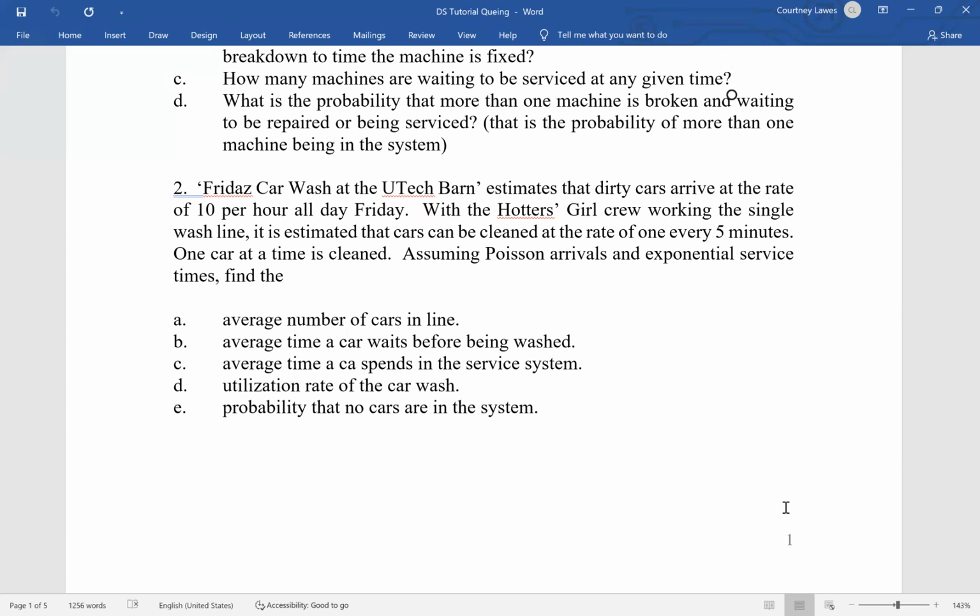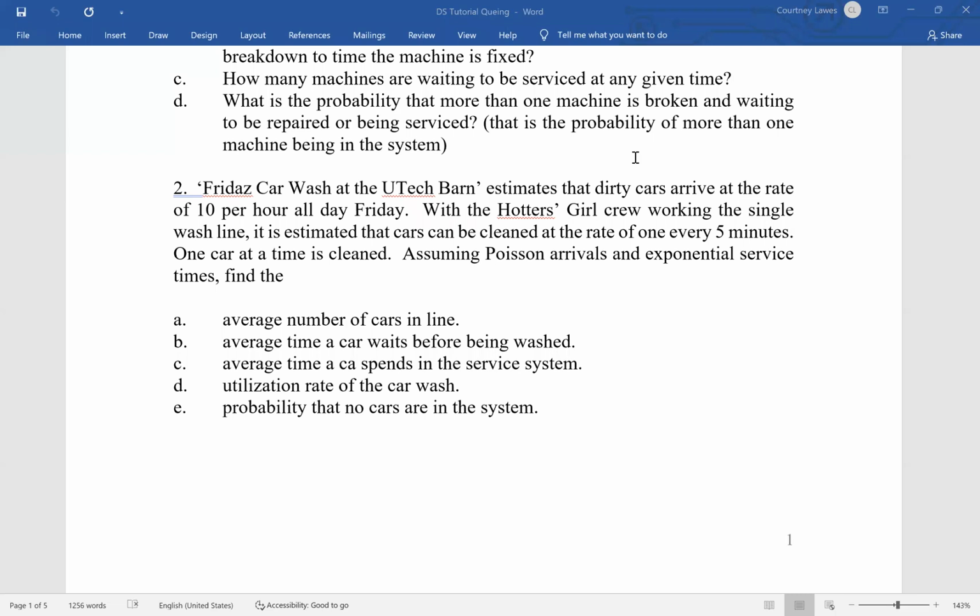One car at a time is cleaned. Again, just one car is serviced, that's our model. Assuming Poisson arrival and exponential service times, find A, the average number of cars in line, and B and so on. But first things first, find your lambda and find your mu.